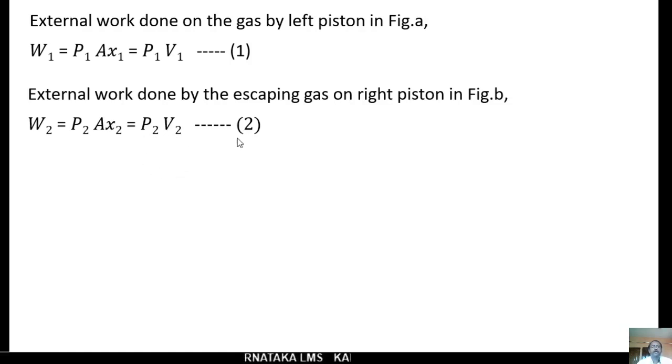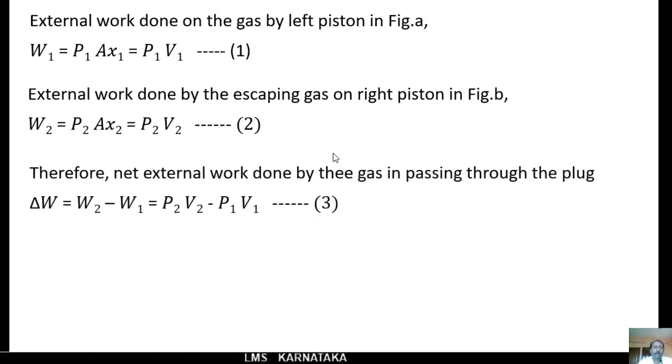Let it be equation 2. Therefore, the net external work done by the gas in passing through the plug is delta W equals W2 minus W1, that is P2 V2 minus P1 V1. Let it be equation 3.